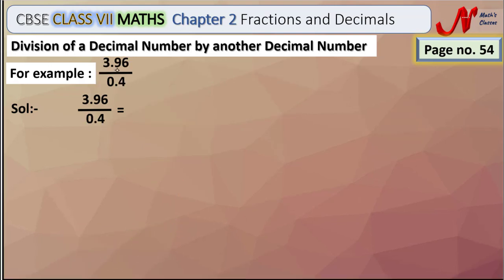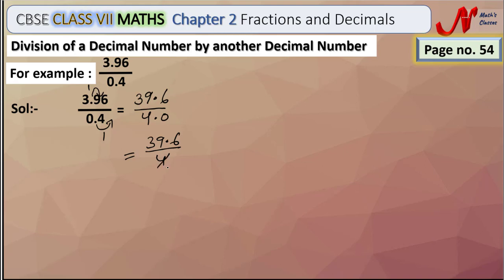Now we find the value of 3.96 by 0.4 in a shortcut way. To find this value, we shift the decimal point one place to the right in the denominator, and we shift the decimal point one place to the right in the numerator also. So it can be written as 39.6 divided by 4.0. So 39.6 is the same as it is, and 4.0 can be written as 4.